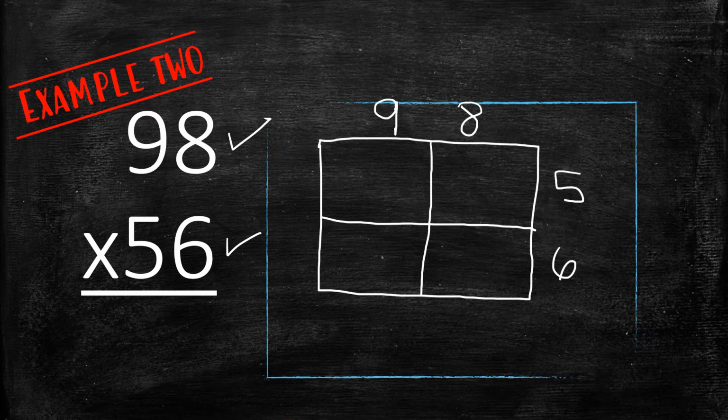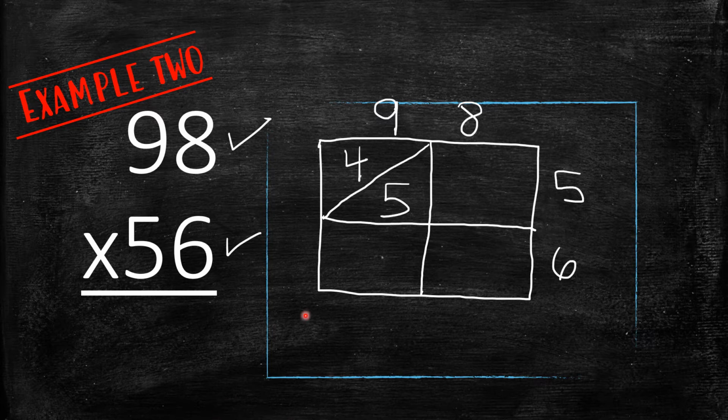And remember, when it comes to doing the Chinese multiplication box method, it's all about multiplying those numbers that meet. So in this case, we have 9 and 5, they meet up. So we're going to multiply 9 times 5. 9 times 5 is 45. So I'm going to draw my diagonal line, and I'll write 4, 5.